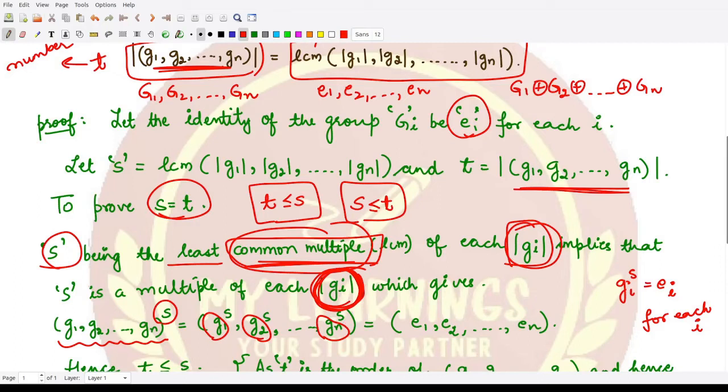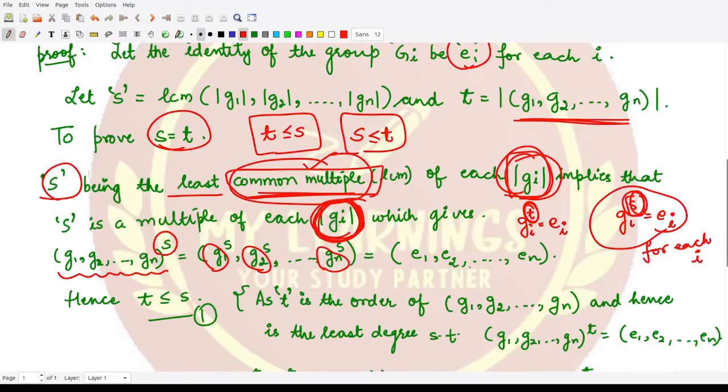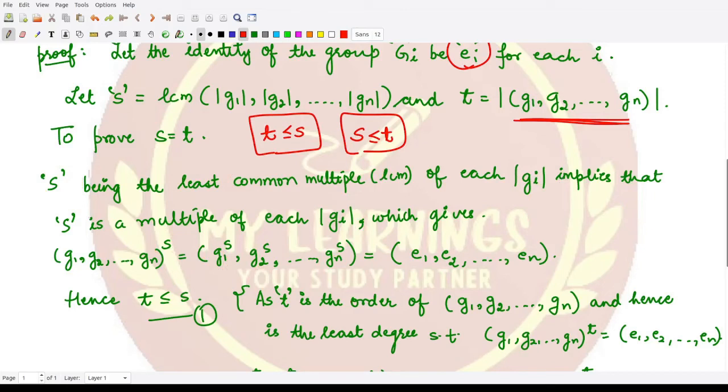So that means it would be greater than the order here. The order here is T. So g raised to power T is equal to the identity, such that this T is the least among all such numbers. However, S is a number which is greater than or equal to T. How? Because gi raised to power S is also the identity element. And now why is it so? Because it is a common multiple of the orders of gi, correct? So therefore from here we have T less than or equal to S. So why is this so?